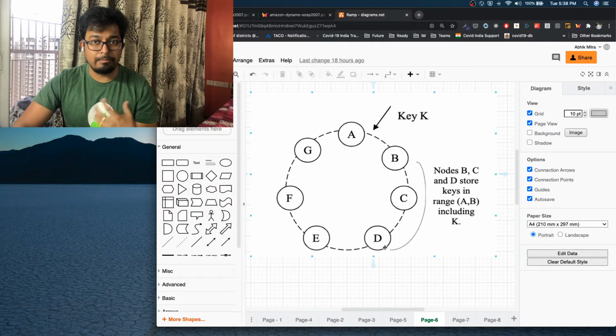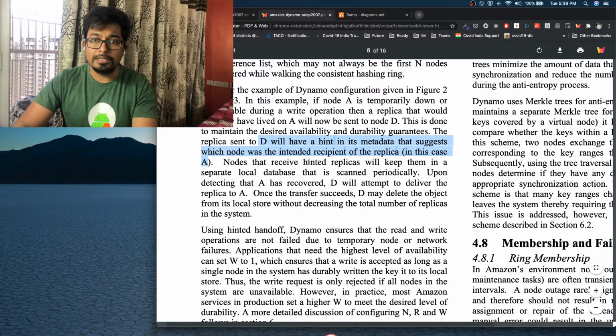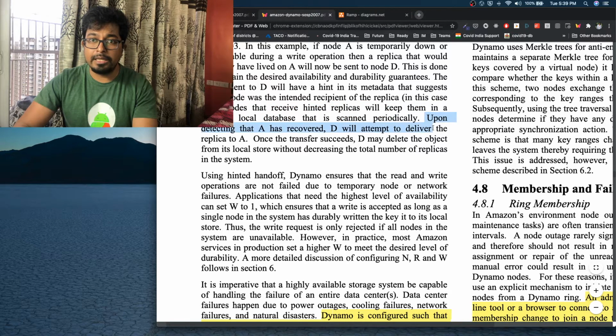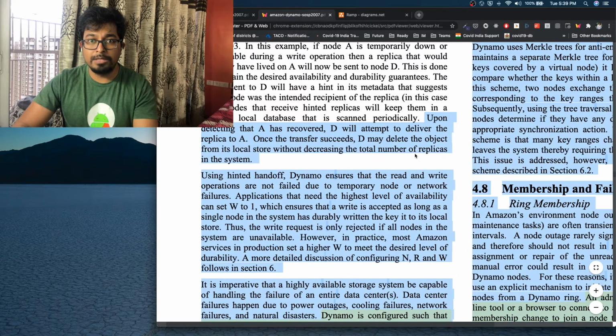I am keeping this temporarily till A comes back, and when A comes back, I'll send the data to A. This is called hinted handoff, where the replicas have hints saying that this data belongs to somebody else. Nodes that receive hinted replicas will keep them in a separate local database that is scanned periodically. Upon detecting that A has recovered, D will attempt to deliver the replica to A. Once the transfer succeeds, D may delete the object from its local store.